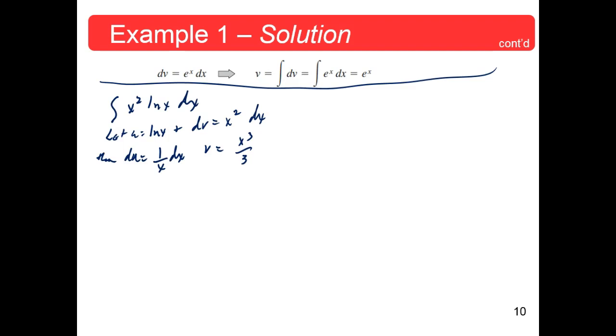Okay? Now, if this works, then your answer here is going to be uv, which is 1/3 x cubed log x minus what? The integral of what?